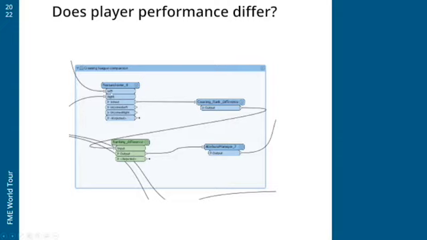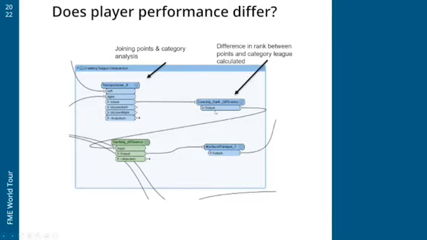I join in the points and the category in the first stop right here. And then in the second is where I create the rank difference, so how they rank in categories versus how they rank in points. And we can see who had the biggest difference and potentially why, but we'll get to that in a sec.